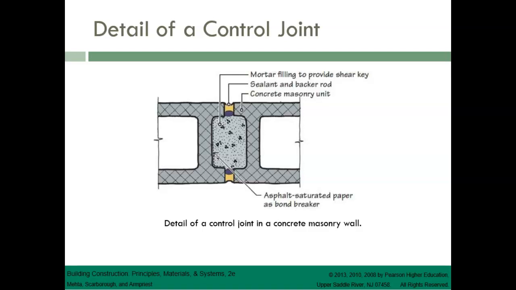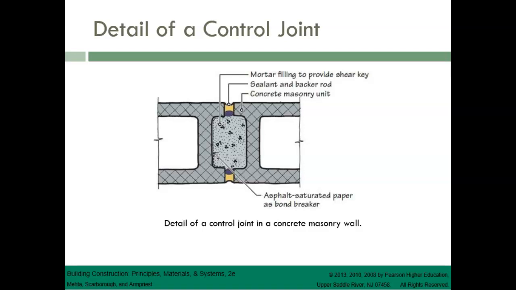This is a detail of a control joint in a concrete masonry wall. In the previous example, we looked at clay brick, and clay brick, as it comes from the kiln, is completely dry, so clay brick is going to expand. In this case, with concrete masonry units, it's a wet material, so over time the material is going to dry out. So it's going to shrink, and the joint is going to pull apart.